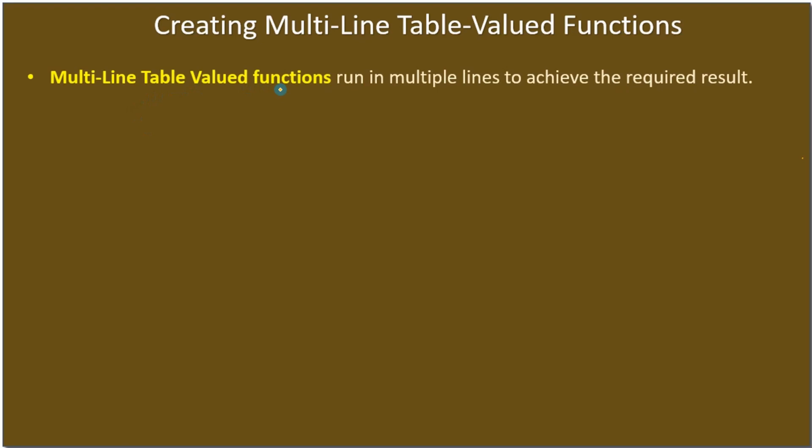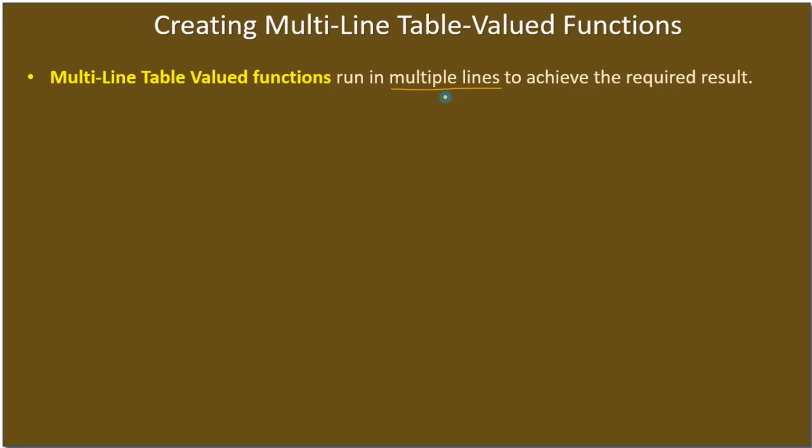A multi-line table valued function runs in multiple statements. Like we did in the previous video, we wrote an inline table valued function. There we kept only one statement, a return statement, and we queried a table.